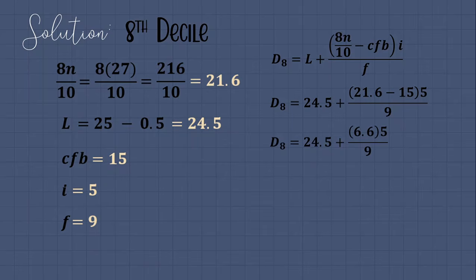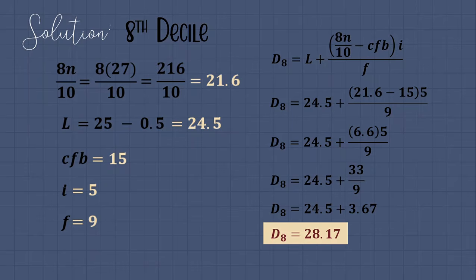Again, we have d sub 8 is equal to 24.5 plus 21.6 minus 15, that is 6.6, times 5 all over 9. 6.6 times 5, that is equal to 33, divided by 9, that is equal to 3.67, plus 24.5, our d sub 8, or the 8th decile, is equal to 28.17. Therefore, 80% of the class got a score below 28.17, and 20% of them got a score above 28.17. So that is all for the 8th decile.